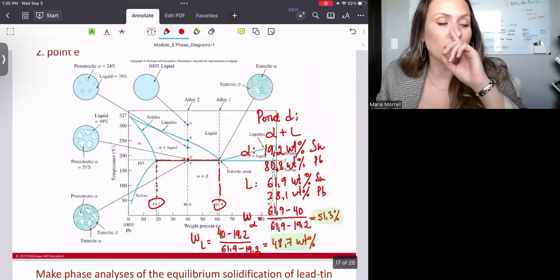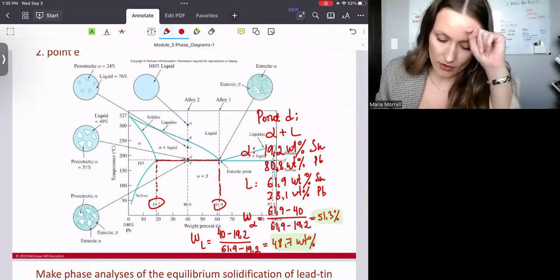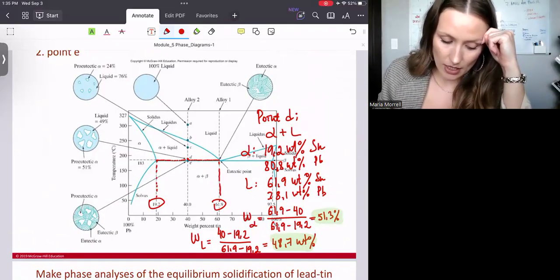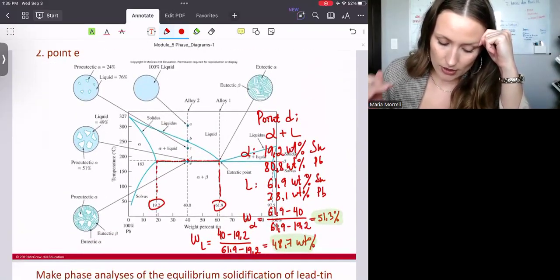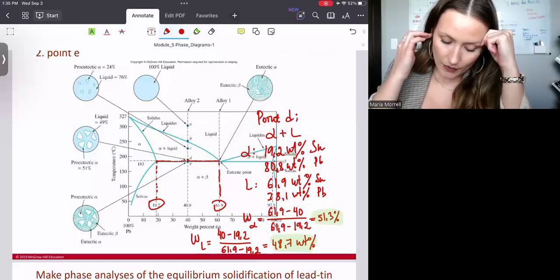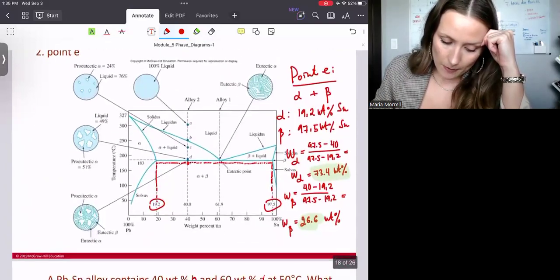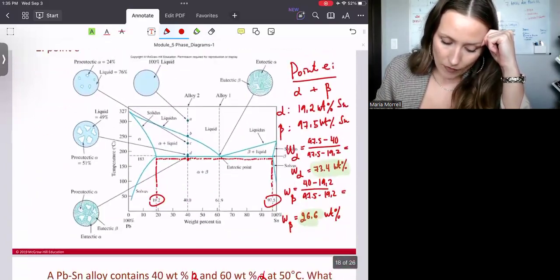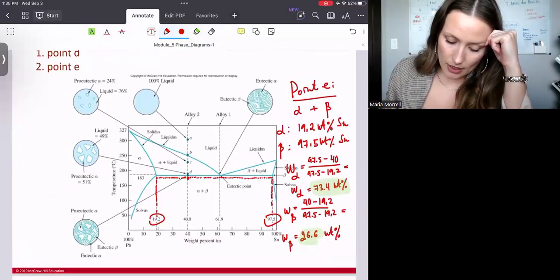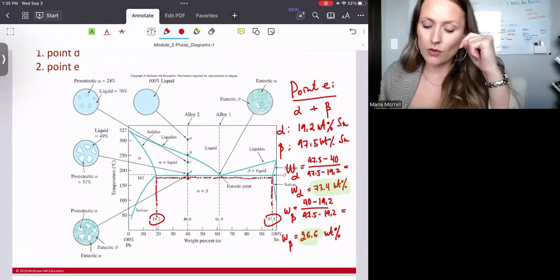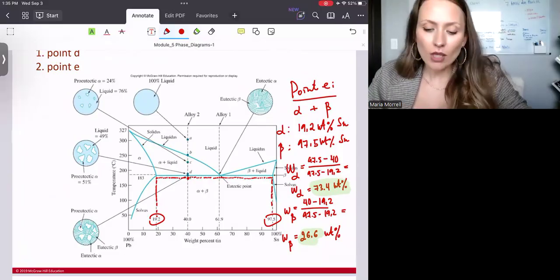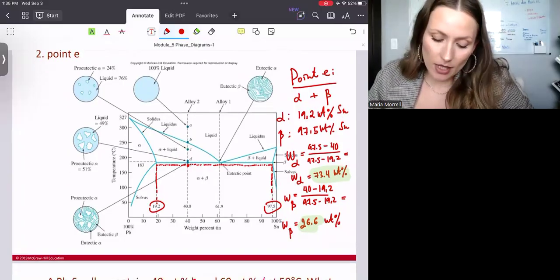The reason I'm taking extra time is because what I see on my screen, before I actually made a mistake. So this is point D. I'm looking at point D, so I'm above, and I'm looking at the tie line. Yep, this is correct. Now we are at point E, and that is going to be 97 minus 40, and then 40, yep. So everything looks good. All right, now moving on to the next problem.